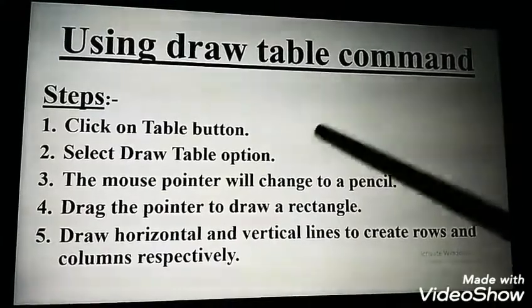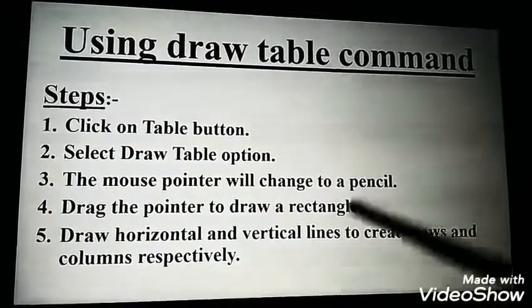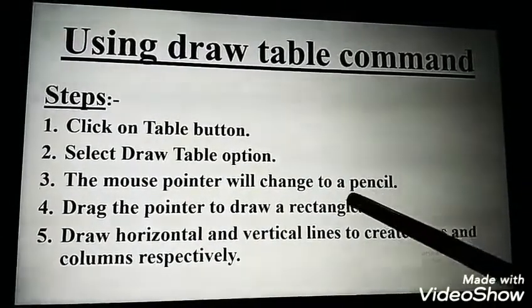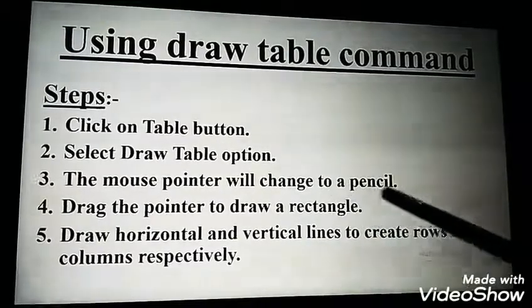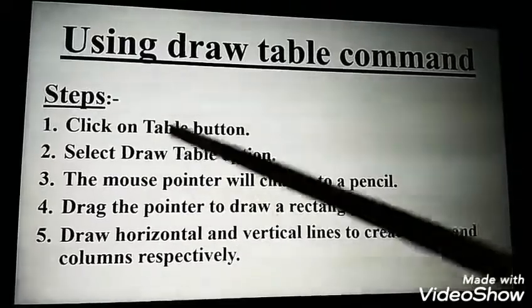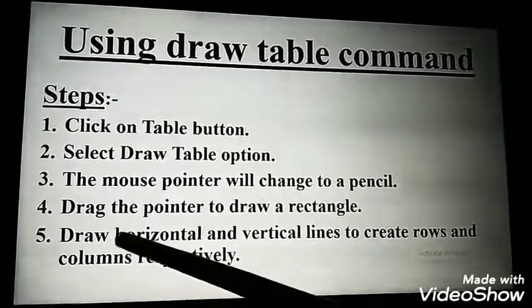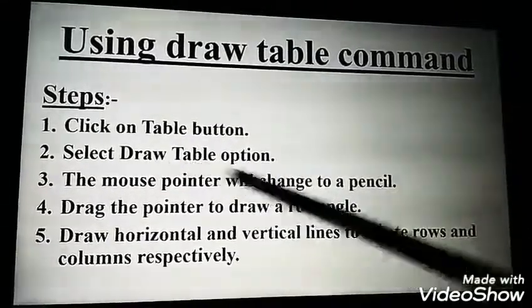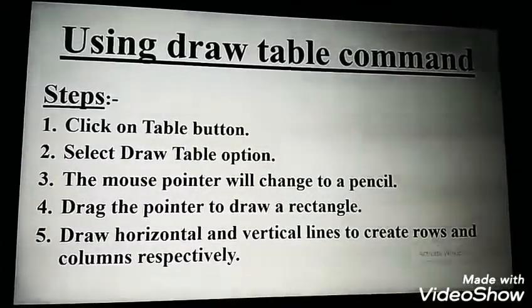In this we can draw a table with a pencil which is in MS Word. First we will draw a rectangle and then we will draw horizontal and vertical lines to create rows and columns.